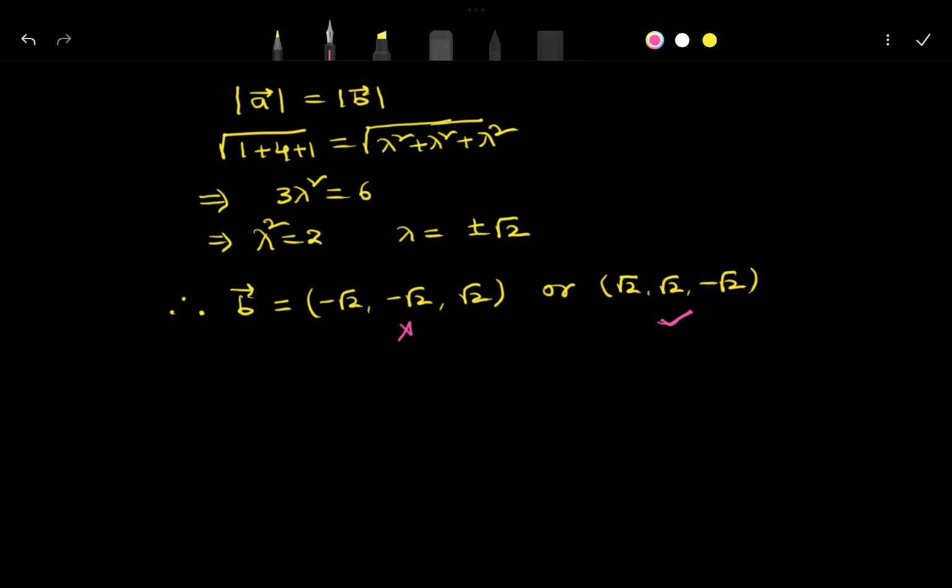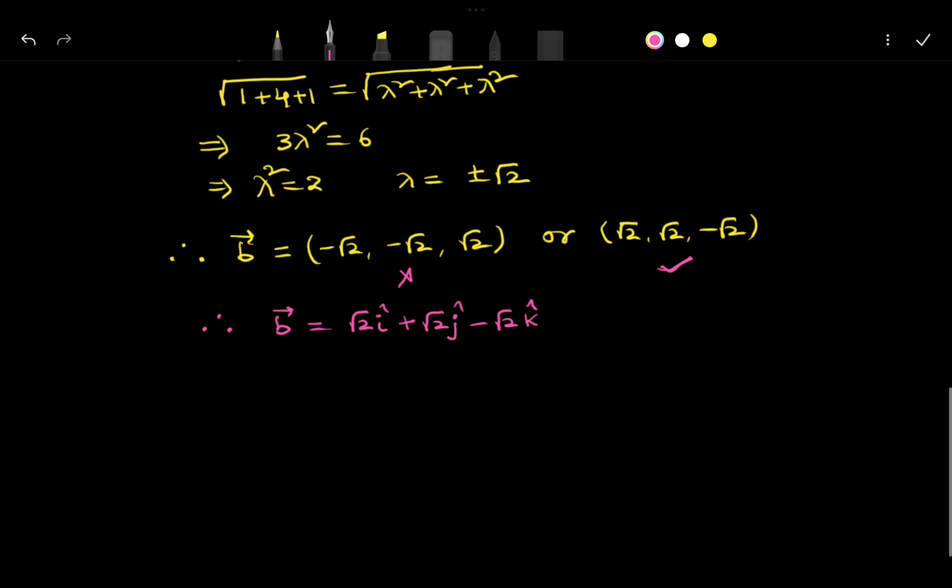Therefore the correct vector b bar is root 2 i cap plus root 2 j cap minus root 2 k cap.